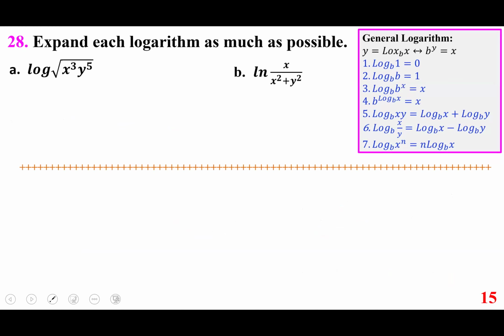Well, we want to expand, and so we start writing this as log of x cubed plus x cubed y to the power of 5 to the power of 1/2.